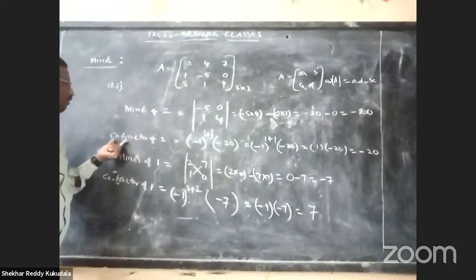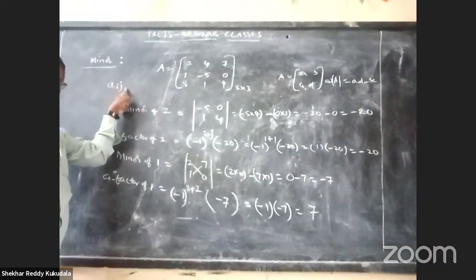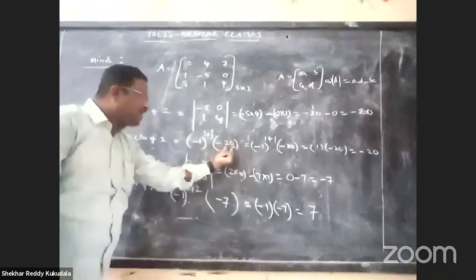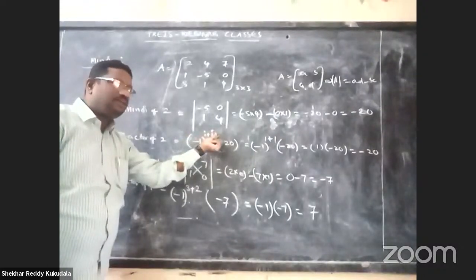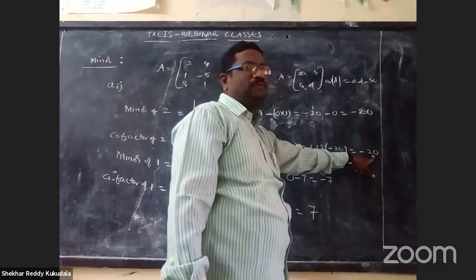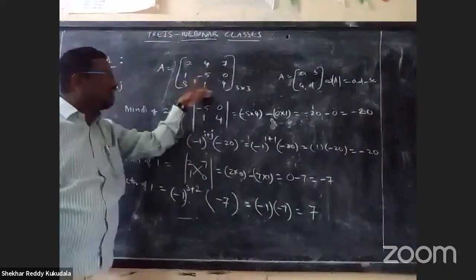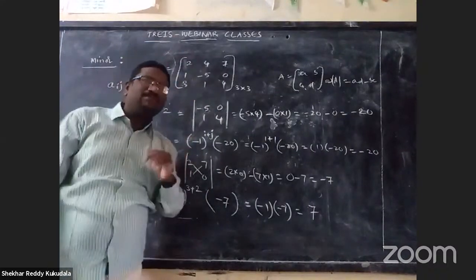When the element is in the ith row and the jth column, then the minor multiplied by minus 1 power i plus j, the result obtained is called the cofactor of a given matrix. So in this matrix, when 9 elements are there, for each element we can find out the minor.